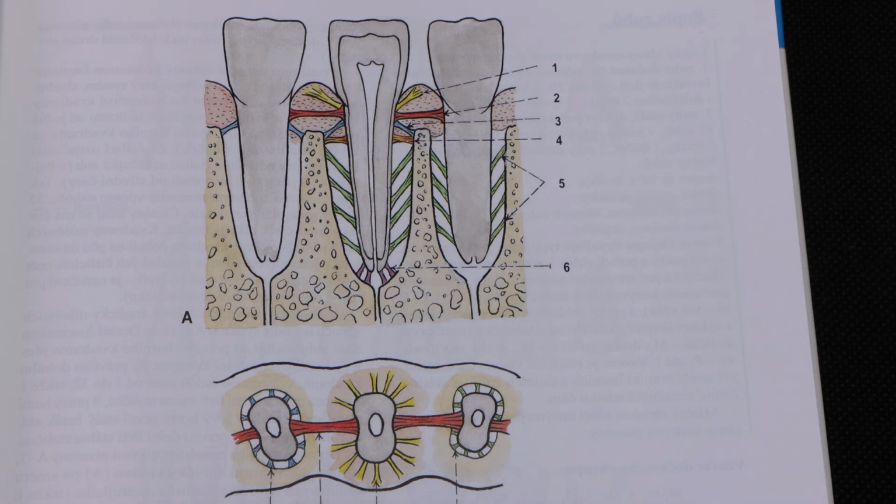Then another terminology is called periodontium. Periodontium consists of the ligaments that fix the tooth, basically the neck and the root of the tooth, to the alveolar bone and the gingiva.